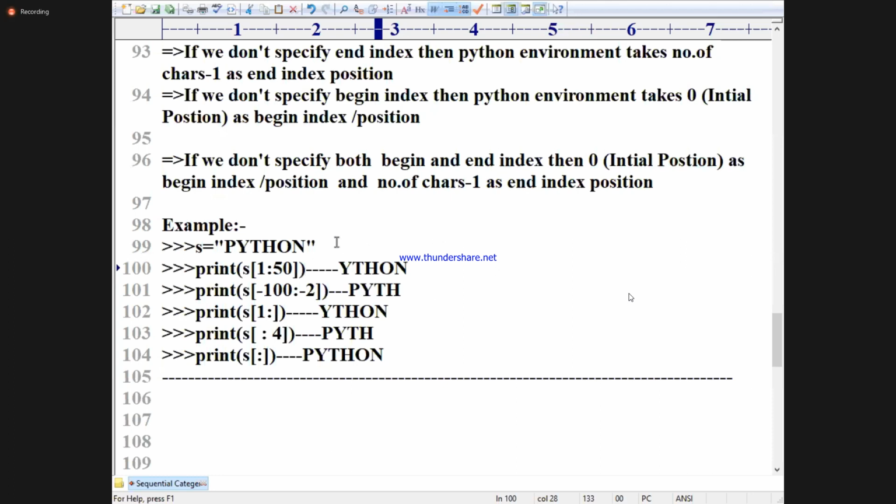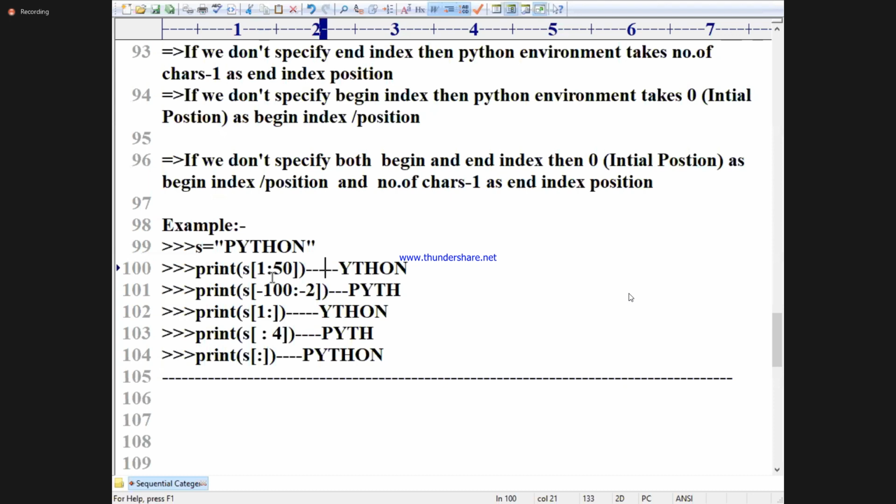The explanation for line number 100 is, for the online student who is asking this doubt: 1, position is valid. 1 less than 50, first condition, yes, valid. Then 50. Do you have 50 as a position? No. We have the number of characters minus 1. How many are there? 6 characters. 6 minus 1 is 5. That is, 1 to 5 is valid.